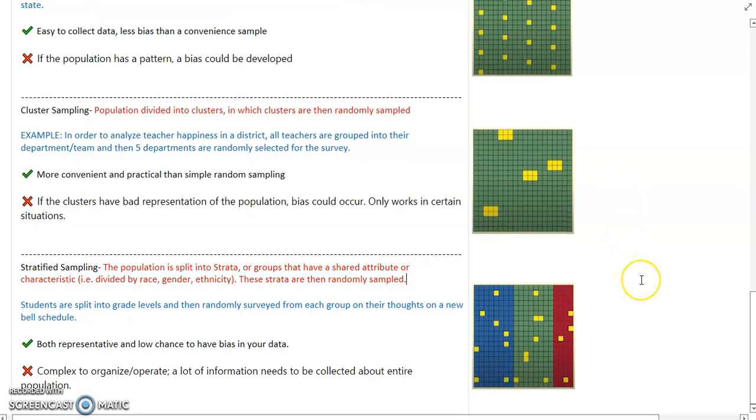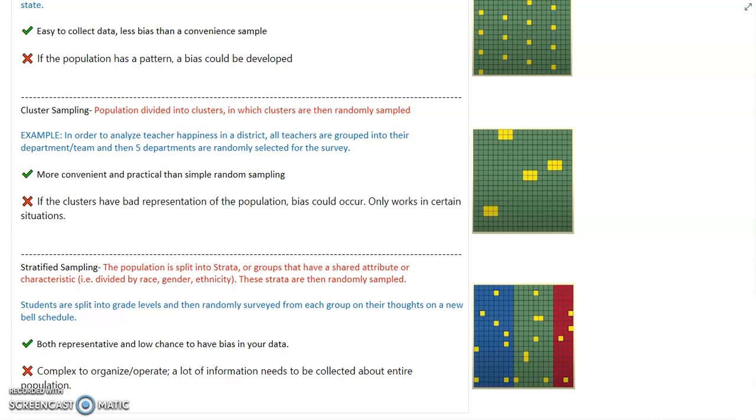And then the last one is stratified sampling, which is a little more complex, but the main idea is we're going to specifically put students into clusters of a particular demographic that we want to analyze. Maybe we want to look at opinions of students, but we want to look at them in groups by gender, or we want to look at them by their ethnicity, race, or other types of what we call strata. And this idea is allowing us to be a little bit more down the middle here.